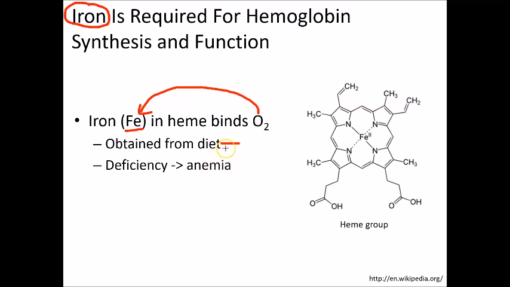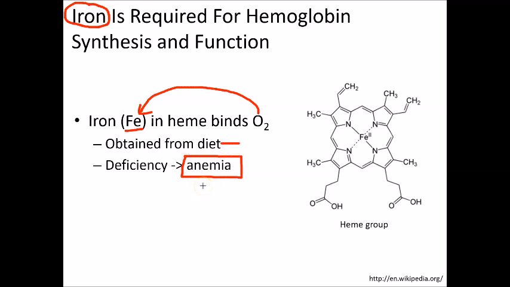If you have an insufficient amount of iron, then you're not going to properly make hemoglobin, which means you're not going to properly make red blood cells. And if you have the inability to carry oxygen, that's a disease called anemia.